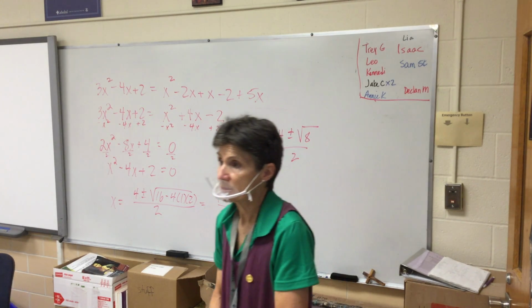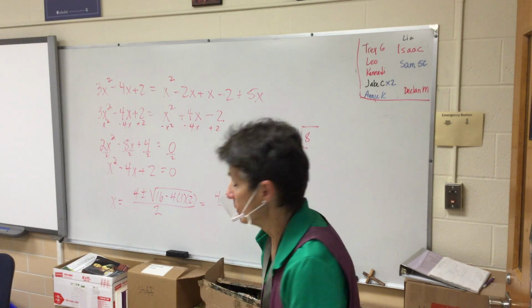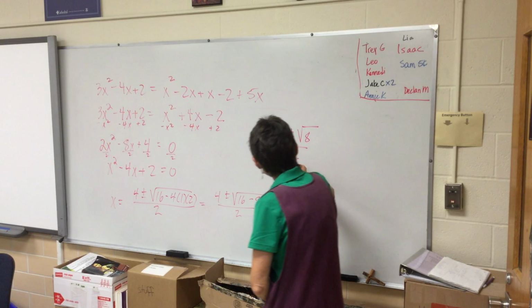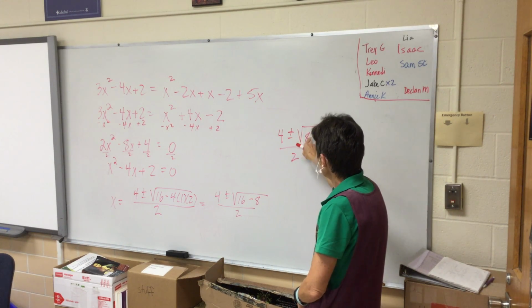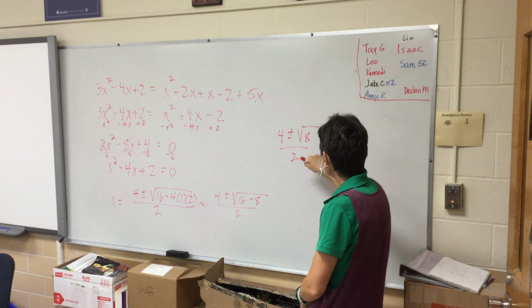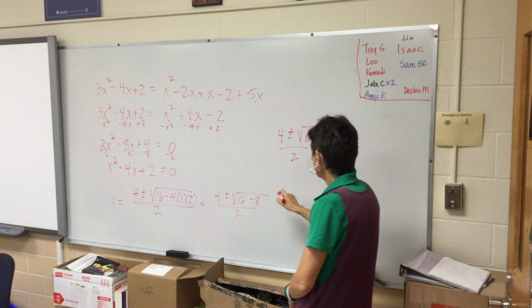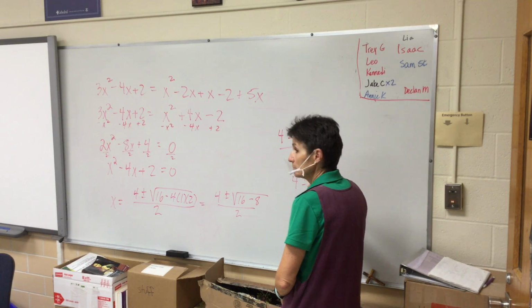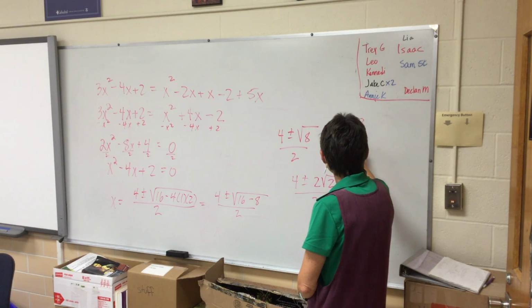Can I cancel at this point? No, no, no. You have to cancel all 3 spots. And there's nothing here to cancel. So what do I need to do? Break down 8. 8 you probably have memorized because you use it all the time. 8 is 2 root 2. But if you don't have it memorized, you're going to break it down.